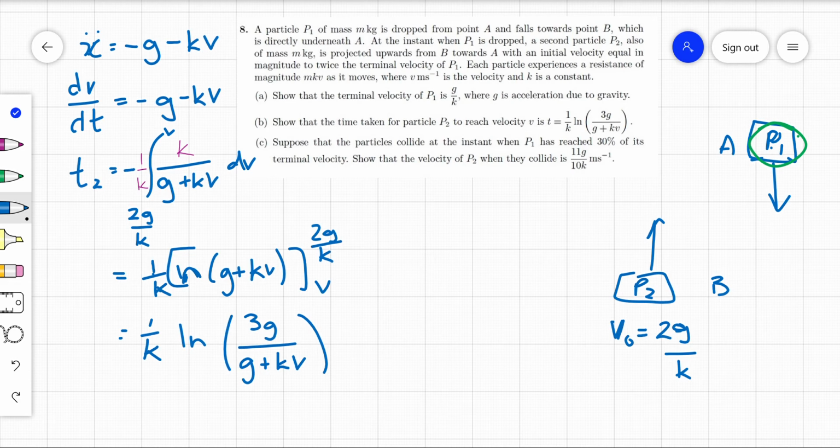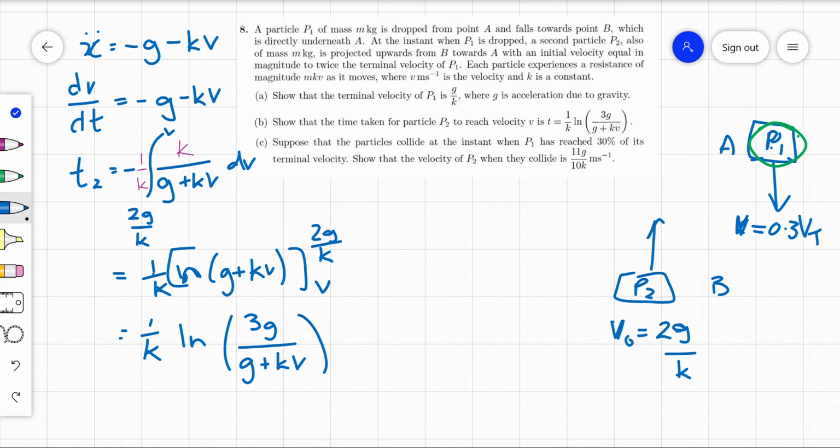Suppose the particles collide at an instant when P1 has reached 30% of its terminal velocity. So when this velocity is 30% of its terminal velocity, which we know is g on k, we're looking for a velocity equation. So we really want time and velocity here.